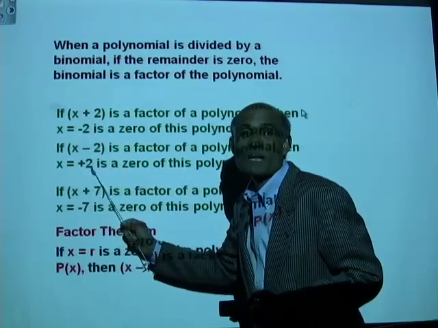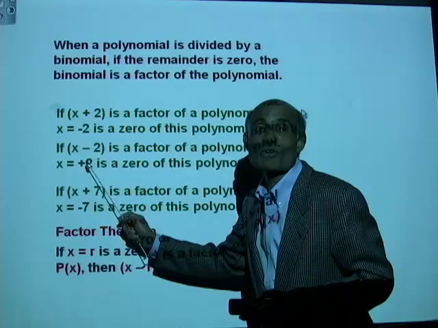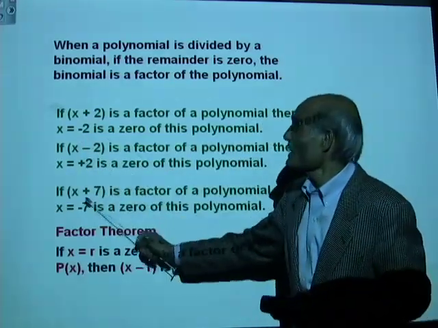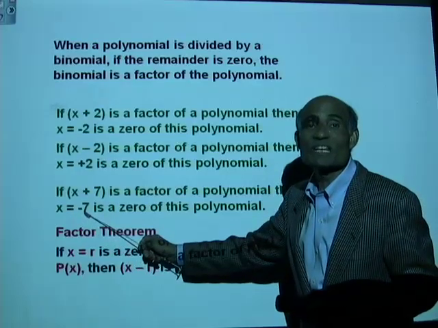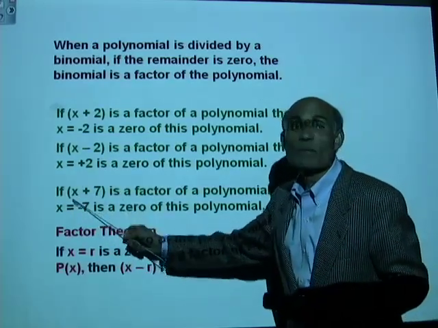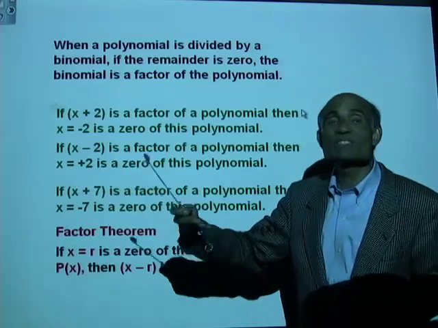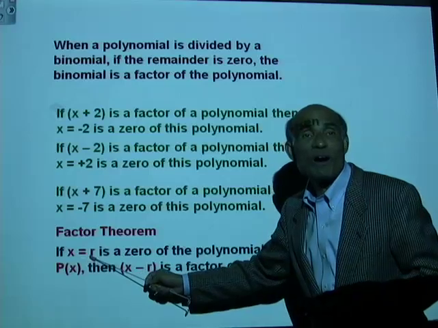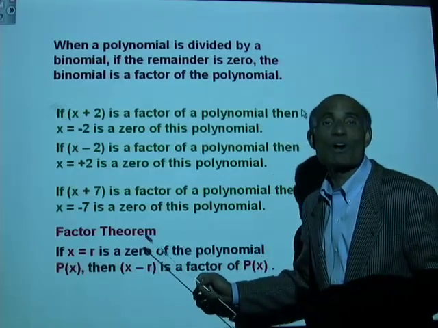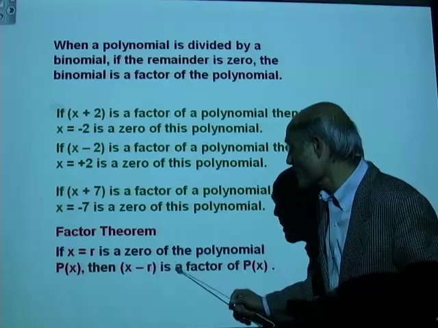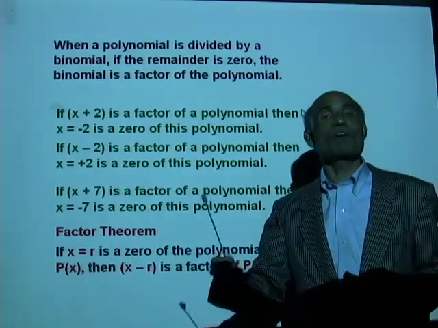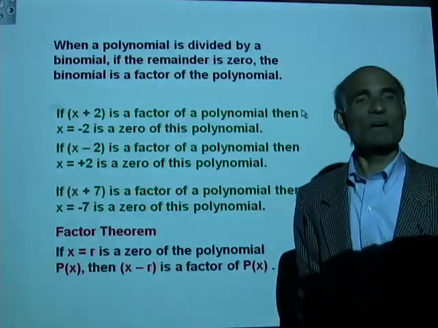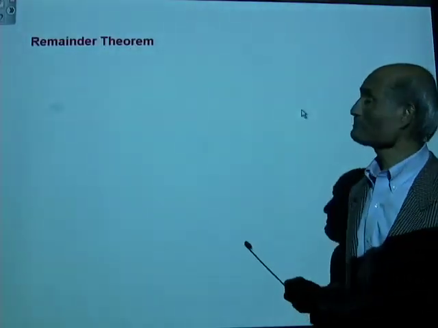If x equal to plus 2 is a 0 of the polynomial, then x minus 2 is its factor. If x equal to negative 7 is a 0 of the polynomial, then x plus 7 is a factor of that polynomial. Similarly, if x equal to r is a 0 of the polynomial, then x minus r is a factor of that polynomial p of x. This is called the factor theorem. An important result, keep that in mind.